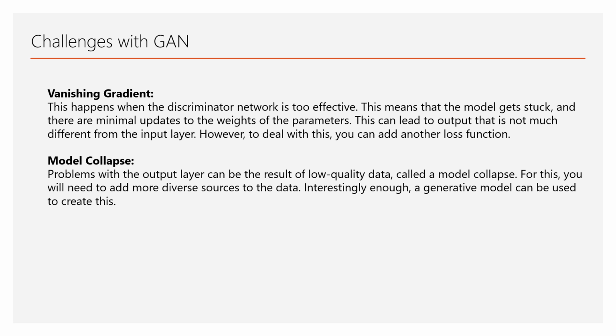Model collapse is where there is difficulty at the output layer, resulting in low quality data, so a more diverse source of data is expected. How can we do that? Generative AI, as we have seen in our previous session, can create synthetic, artificially created data. So you can have diverse kinds of data going in as input to overcome model collapse.